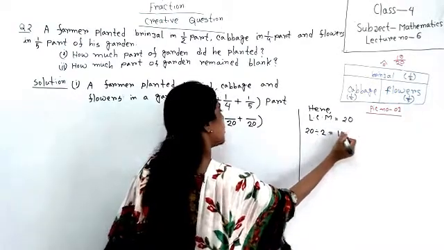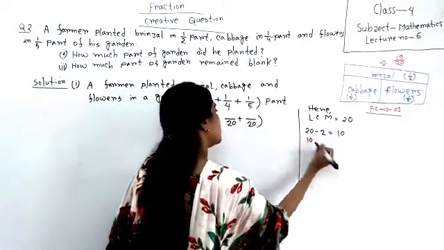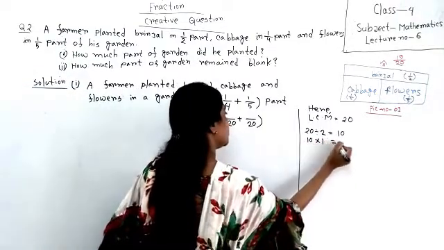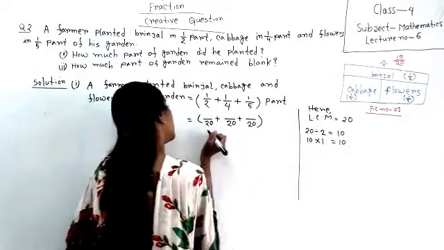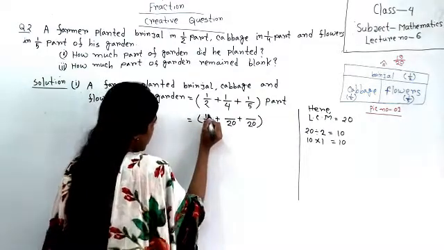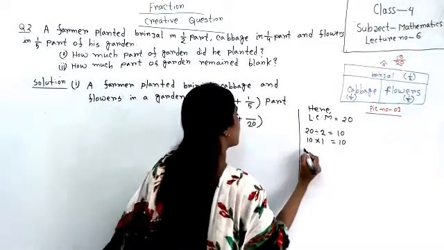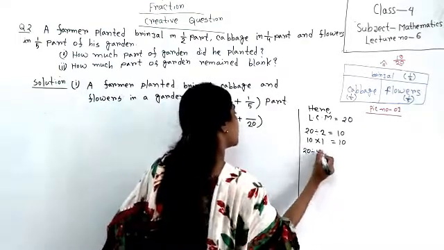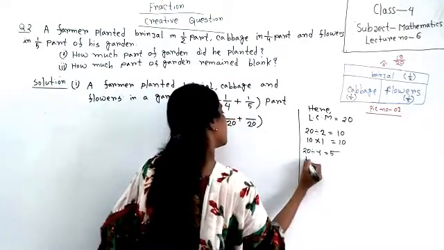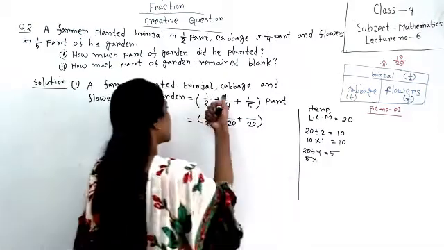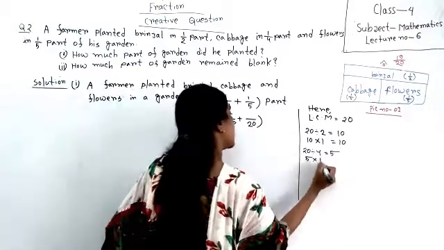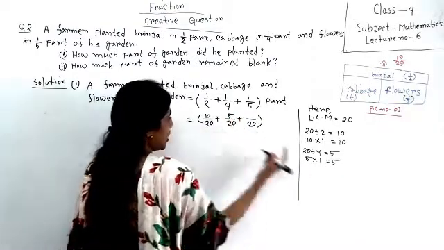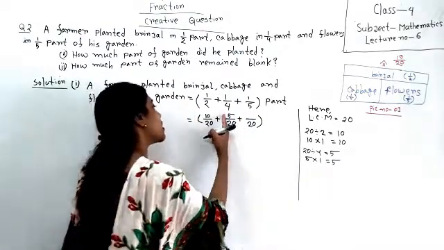Get result 10. This 10 is multiplied by the first fraction numerator and we get 10. This 10 is written as numerator for the first fraction. For the second fraction, the LCM is divided by the second fraction denominator and gets result 5. This 5 is multiplied by the second fraction numerator and we get result 5. This 5 is written as the second fraction numerator.